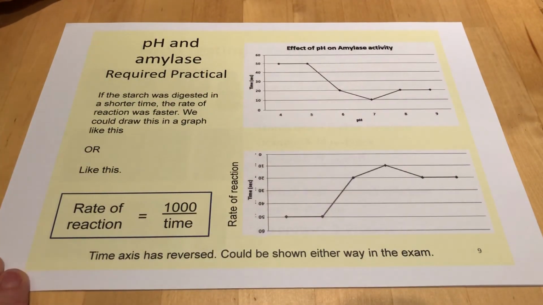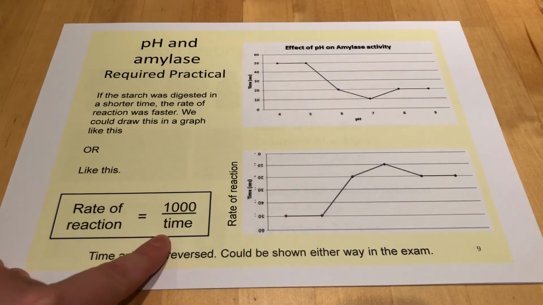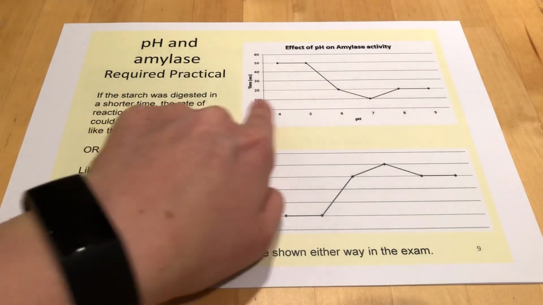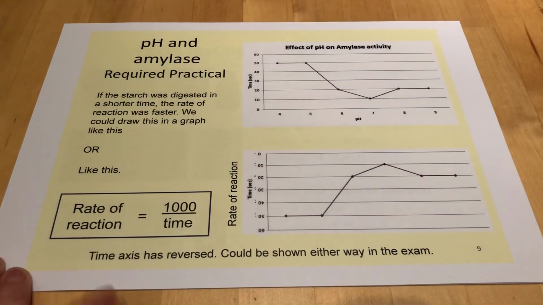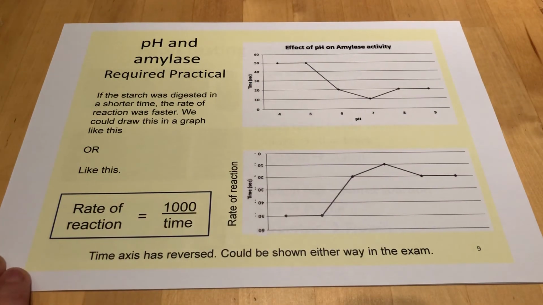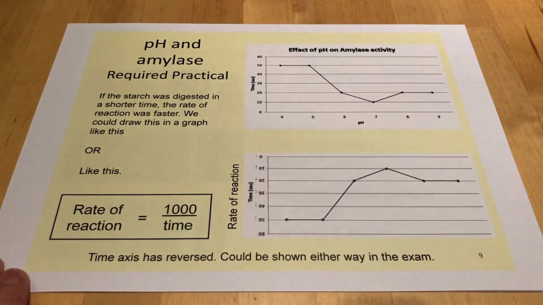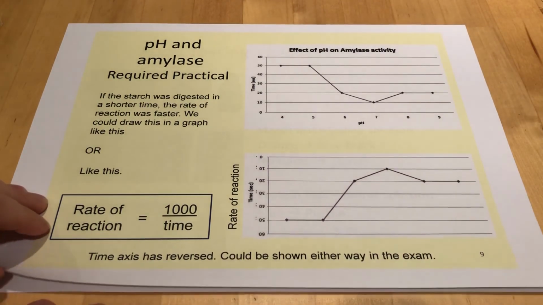Now if we needed to calculate that in the exam, we can do rate of reaction is 1000 divided by time. So take 1000, divide it by say 10 seconds, and we can work out the rate of reaction, then plot that as a graph. That's something I see coming up at some point in time. Okay, and then again we can see that pH 7, fastest rate of reaction, has the peak there on the graph.